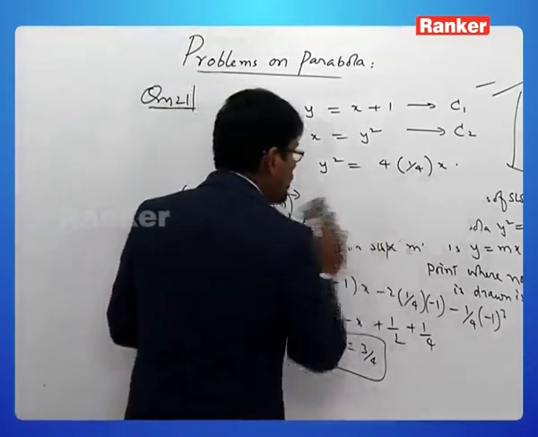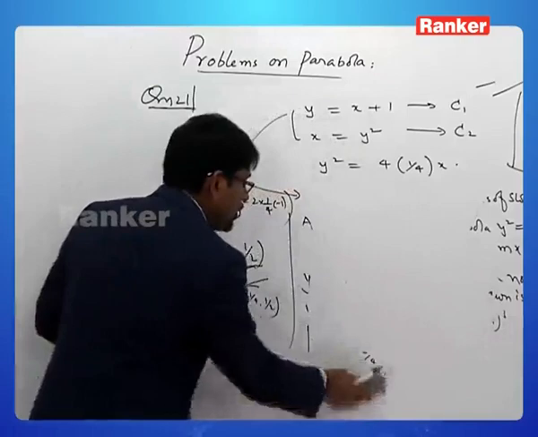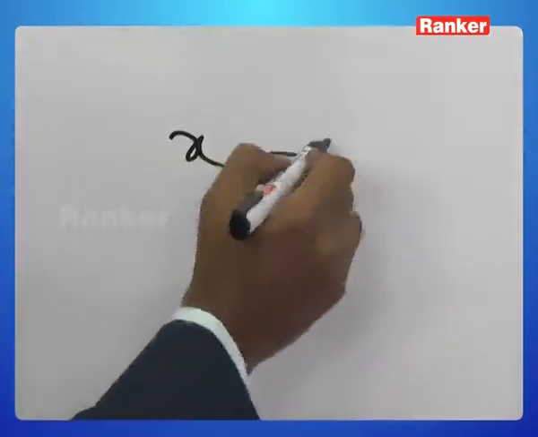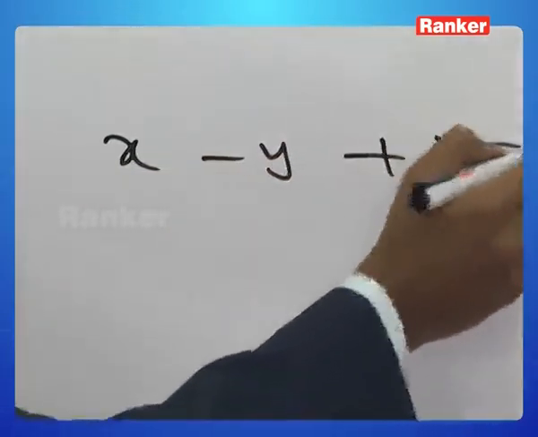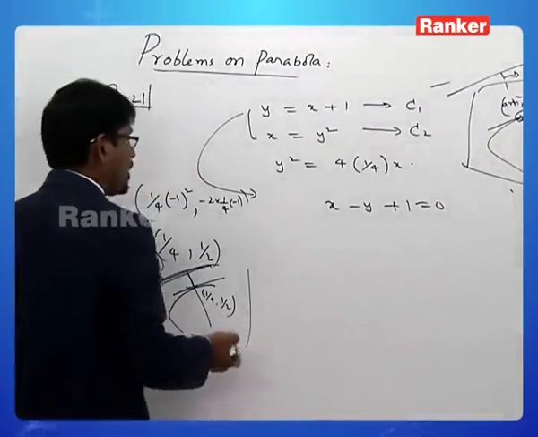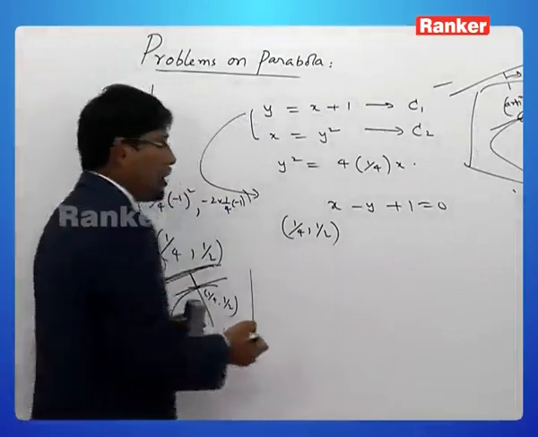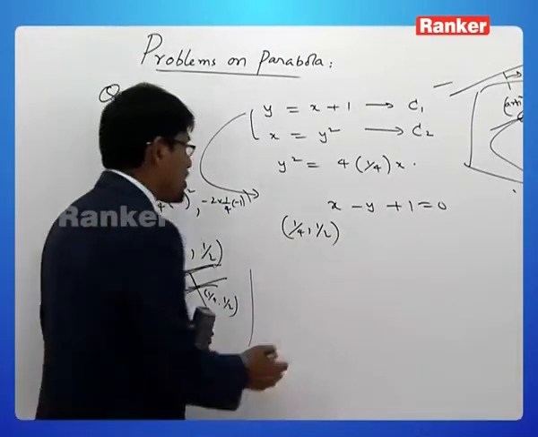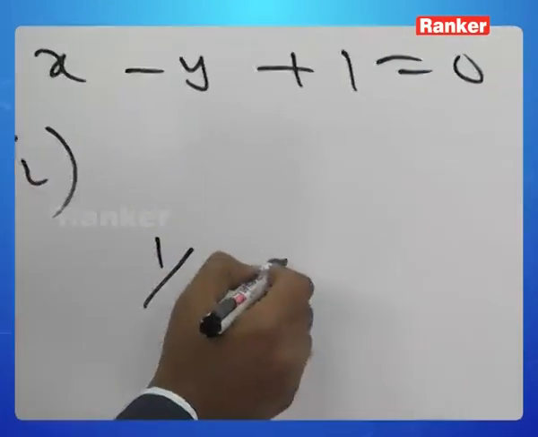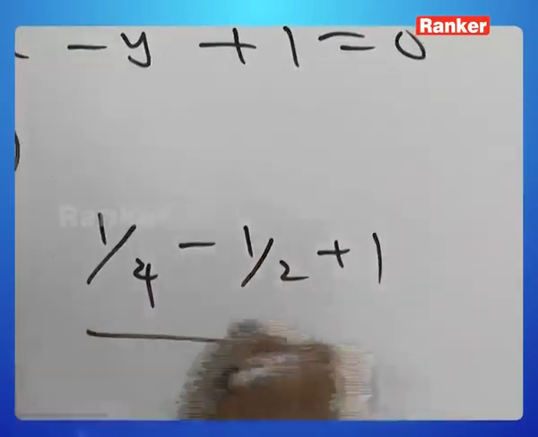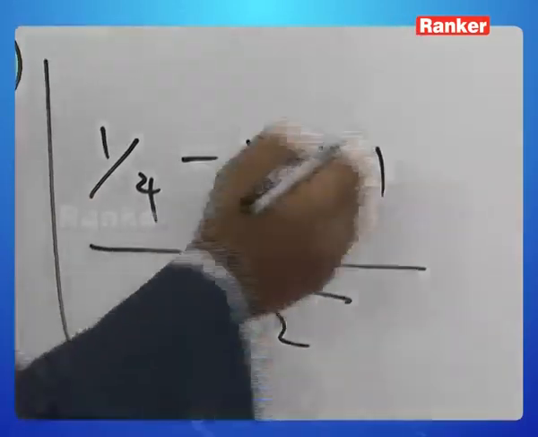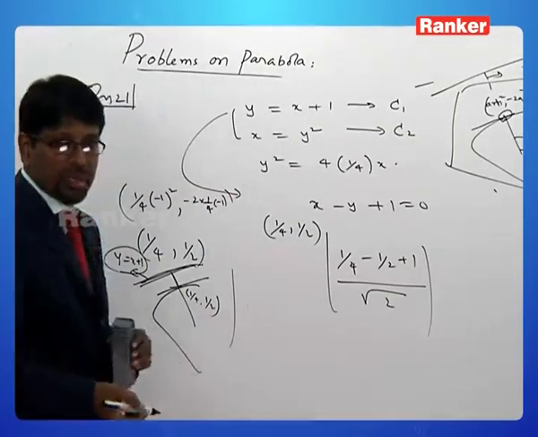We'll use the distance formula. x minus y plus 1 equal to 0, and the point (1/4, 1/2). From here we need to find the perpendicular distance. So what is that? Modulus of 1 by 4 minus 1 by 2 plus 1, by under root 2. That gives the perpendicular distance there.